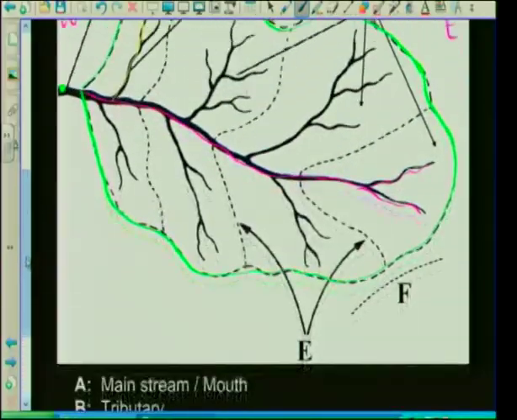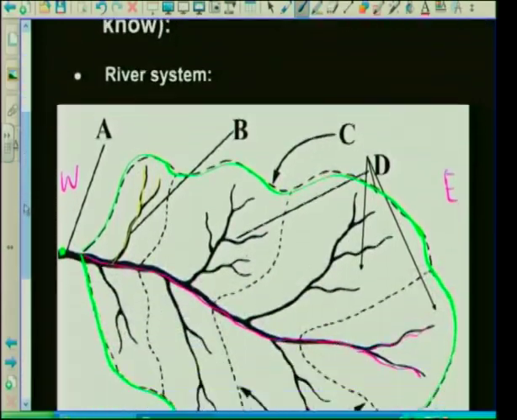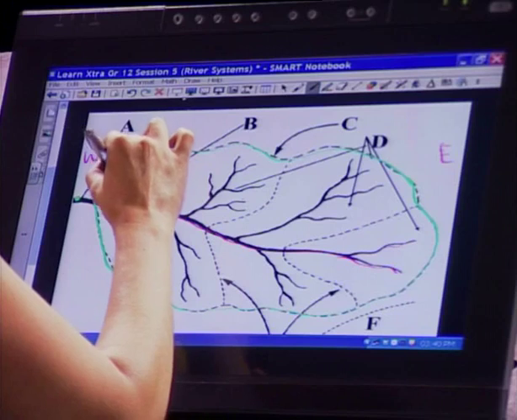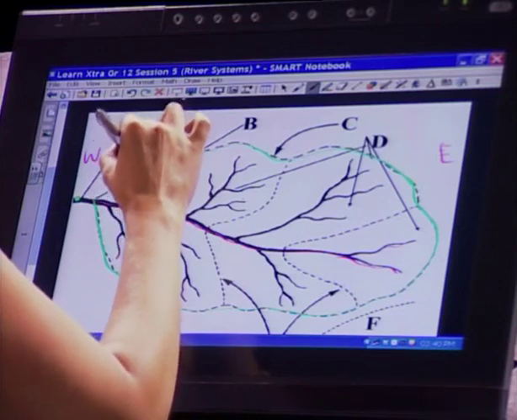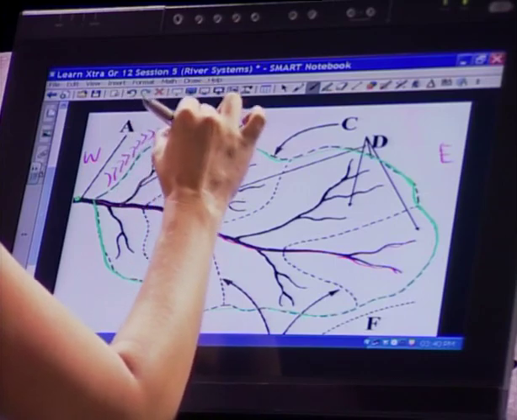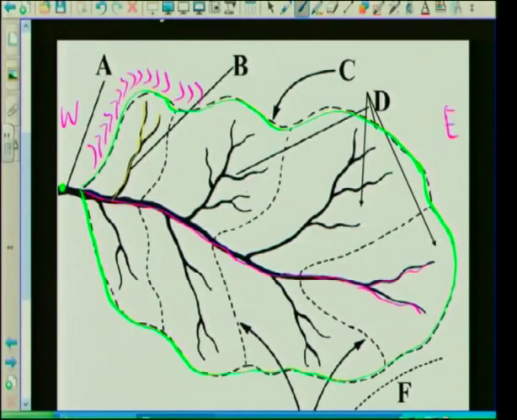Number C is the watershed. Now, grade 12s, the watershed is very importantly always a high-lying area that separates two different drainage basins. So what you can imagine is that on the outside of this drainage basin, we would have a mountain over here, okay, that would pretty much go around this entire drainage basin.